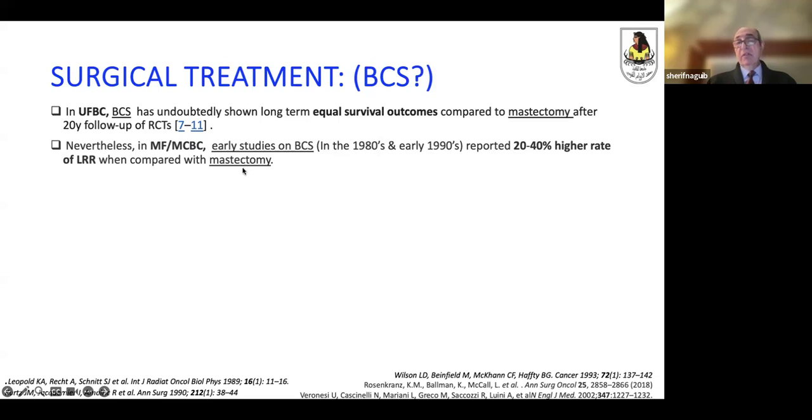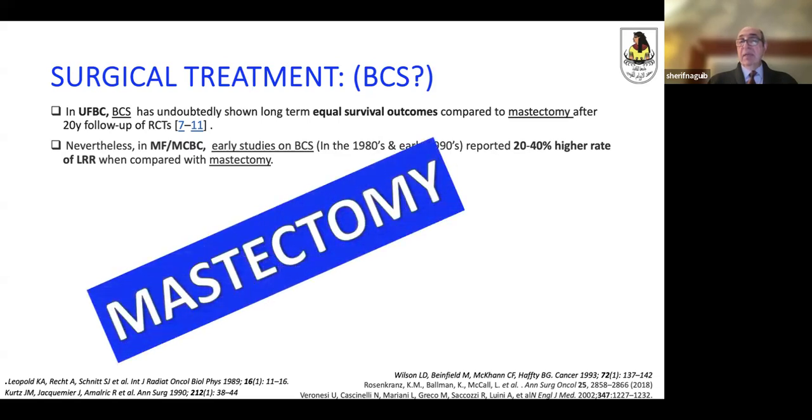So the earlier studies did not really encourage the surgeons to use breast conservation for multifocal and multicentric breast cancer because of higher rate of recurrence, and mastectomy remained the standard treatment.